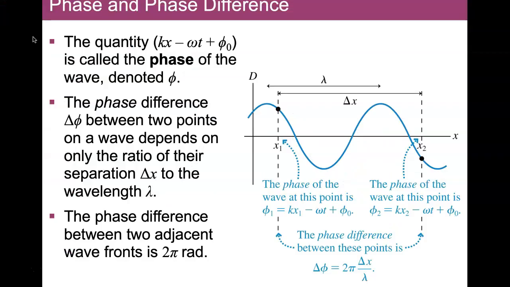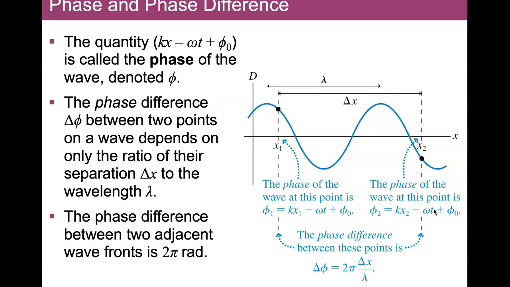And it's of course a function of position and time. Now, if you consider two different points at the same time, then phi naught is the same for them.